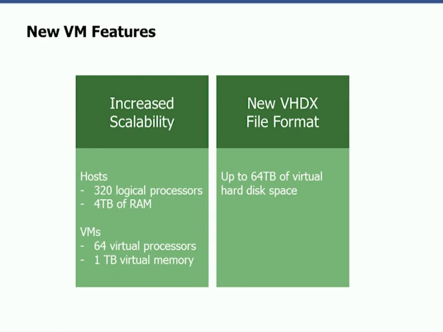With Windows Server 2012 Hyper-V, the Hyper-V host now can go up to 320 logical processors assigned to virtual machines and up to 4 terabytes of physical RAM on the host. Then virtual machines running inside Hyper-V 2012 can have up to 64 virtual processors and up to 1 terabyte of virtual memory. There's also some advanced performance features now offered with Hyper-V 2012, such as NUMA and SR-IOV.